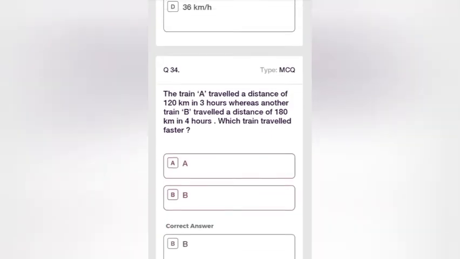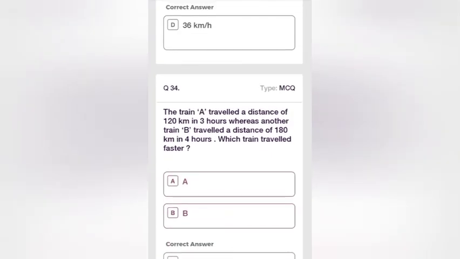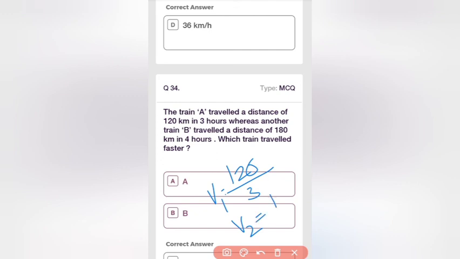A train travels with a distance of 120 km in 3 hours. Okay. And another train travels 180 km in 4 hours. Which train traveled faster? So you cancel this, you get 40 km per hour.